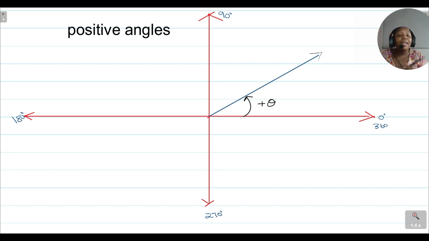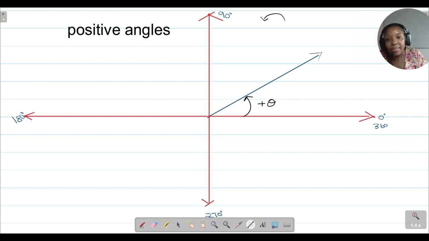And because we're moving in an anti-clockwise direction, we already know that that angle will be positive, right? So maybe that angle, if we were to approximate, maybe it will be like 30 degrees, 40 degrees, 50 degrees, approximately, okay? It will be positive. Those values like 30, 40, 50, whatever it is. I'm just approximating, okay? The key here, when you're measuring positive angles, we are moving in an anti-clockwise direction.